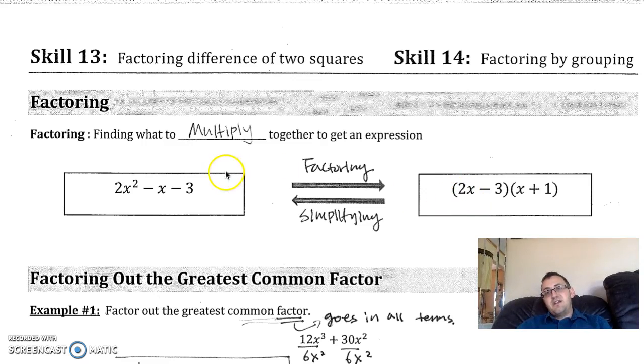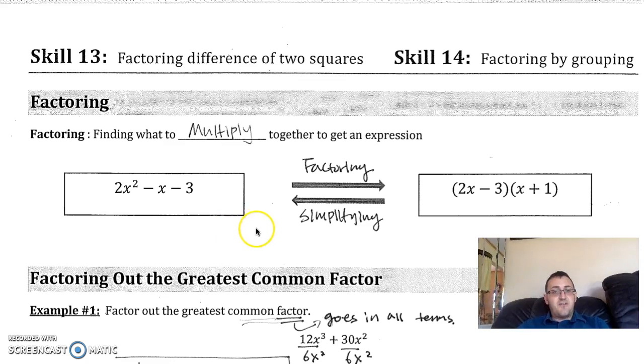We did a lot of, okay, let's factor, take each factor and set it equal to 0. Now, if I give you the directions to simplify, that means you have to do the polynomial multiplication to get back to the standard form. So this is a very nice graphic to show you the relationship between factoring and simplifying.